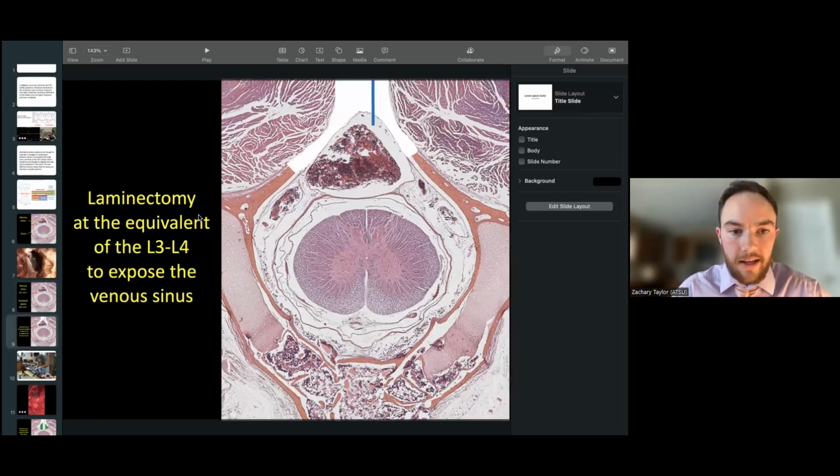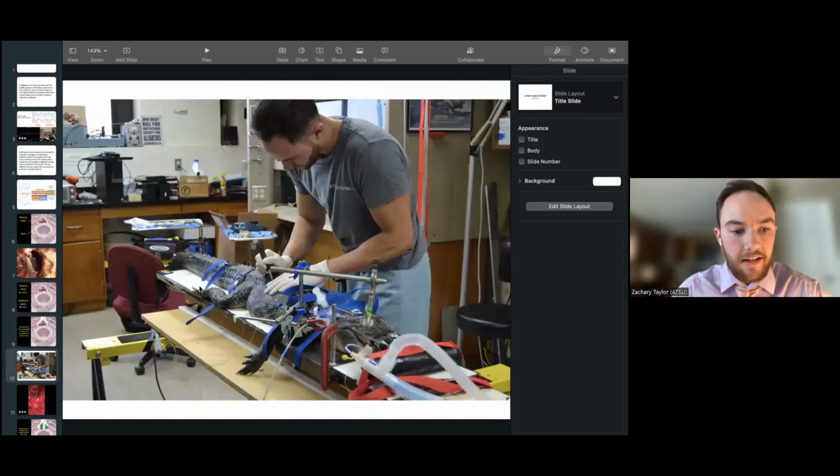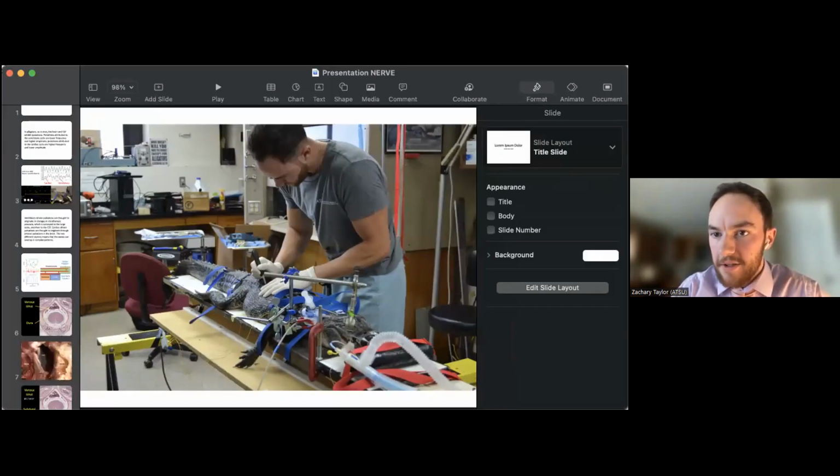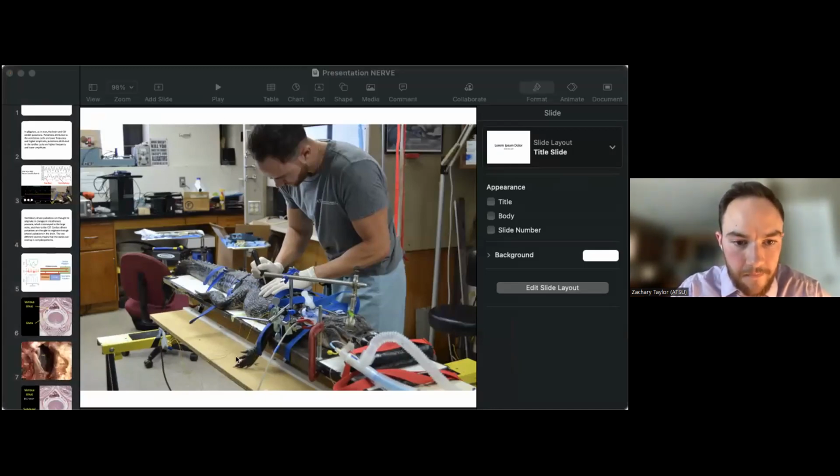So I just kind of explained that the laminectomy is the L3 or L4 area, and that's going to expose the venous sinus. So now let me show you this video. I told you that I'd show you this cardiac pulsation video. So now if you'll watch this with me, you'll notice that this is during an operation, and we recorded the spinal cord.